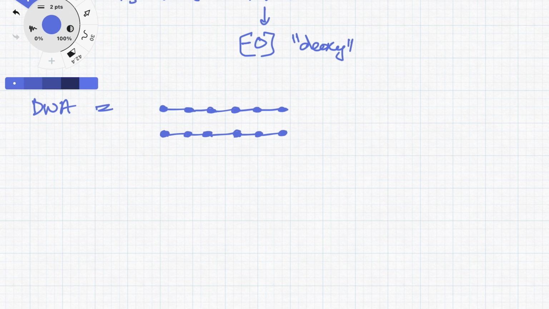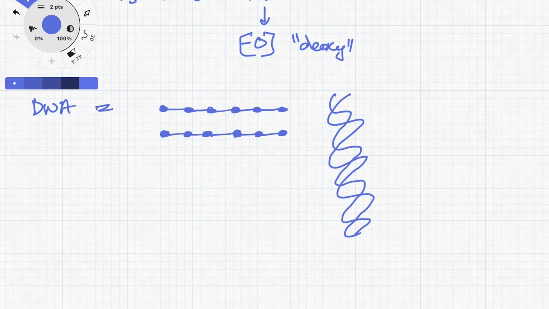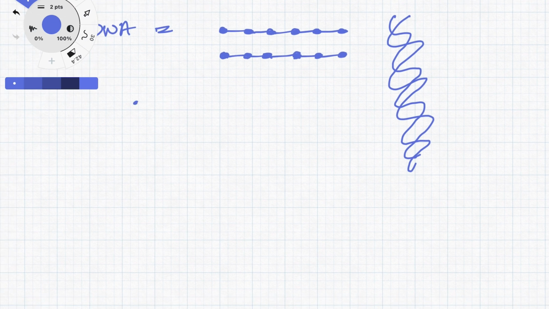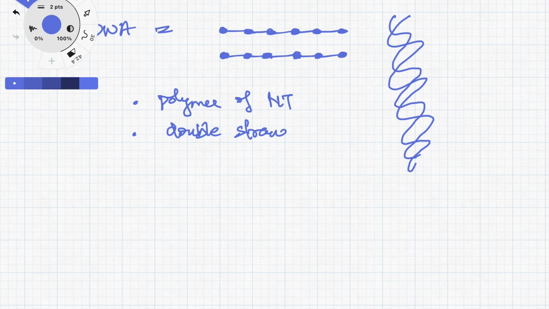Not just that, these two strands are actually in a double helical pattern. Okay, so they are in the form of a double helix. So what you can say is it is a polymer of nucleotides, a nucleotide polymer, and it is double stranded, and it is present in a helical structure.